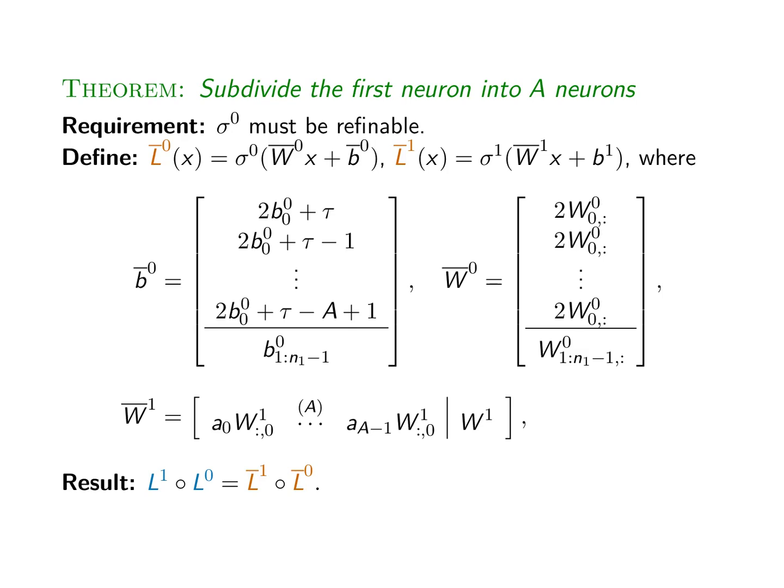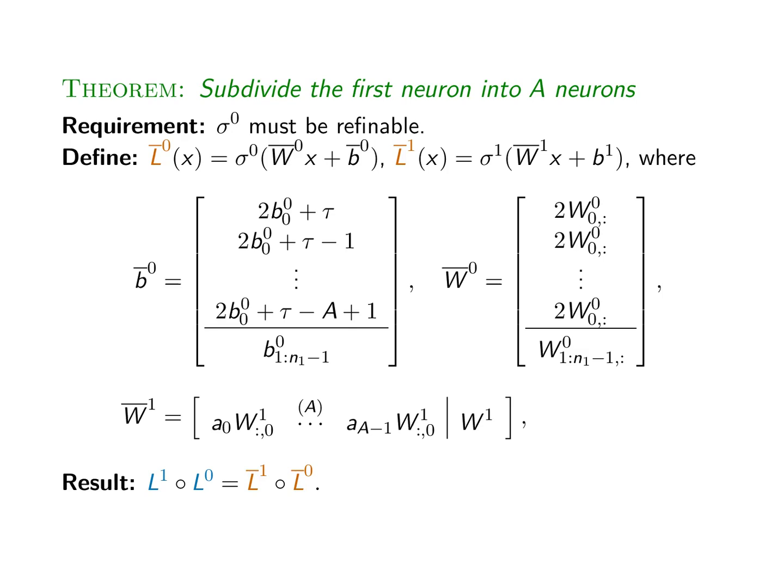In that case, you must define L0 and L1 using these formulas. They are very easy formulas involving the previous bias and weight matrices, and also the parameters appearing in the refinability property, such as tau or A0, A1, A-1.